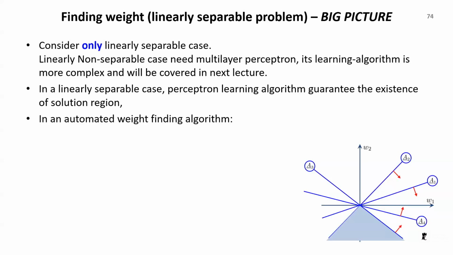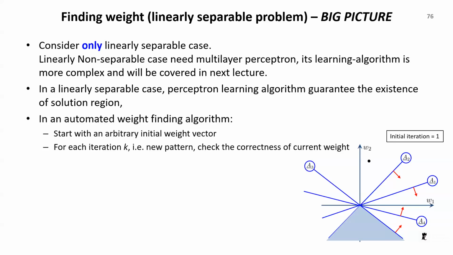I use the same four points that we had before. This is the solution that we want to reach. In a typical learning algorithm, we start by randomly allocating the weights with random numbers, some random position.